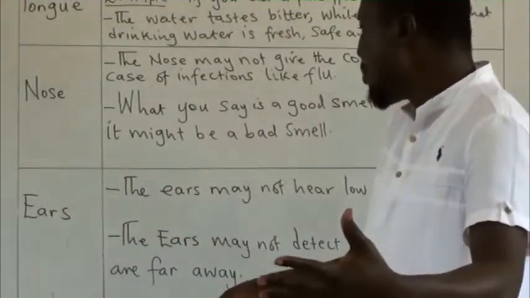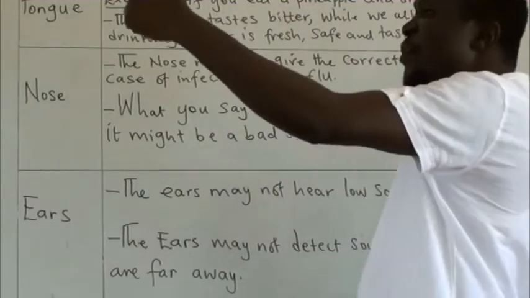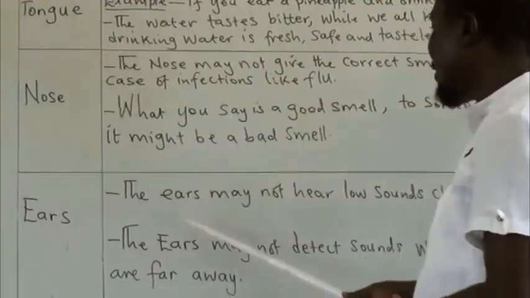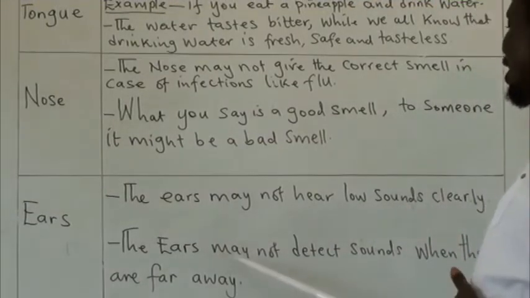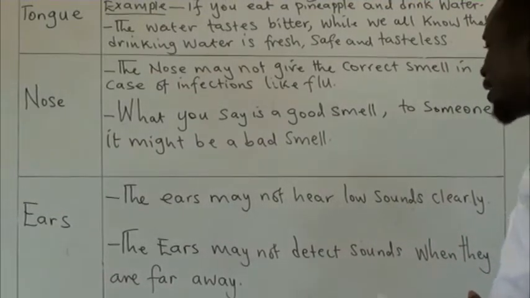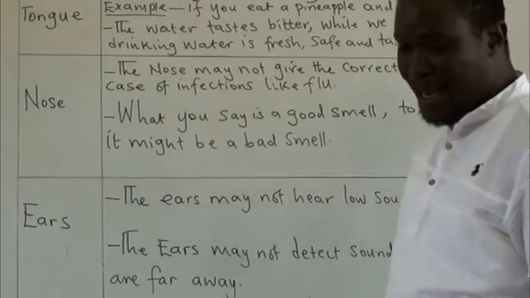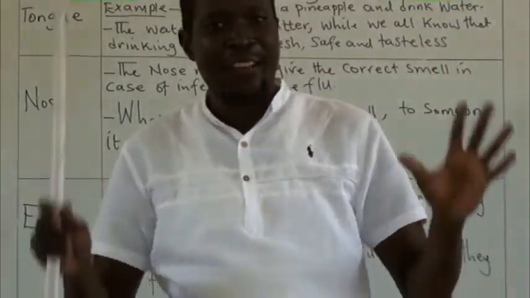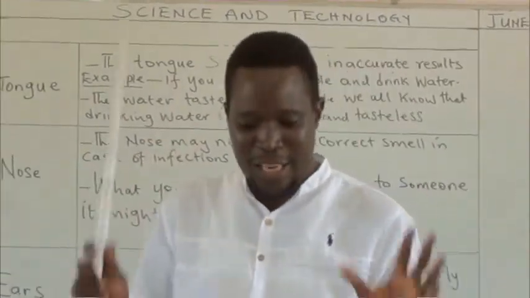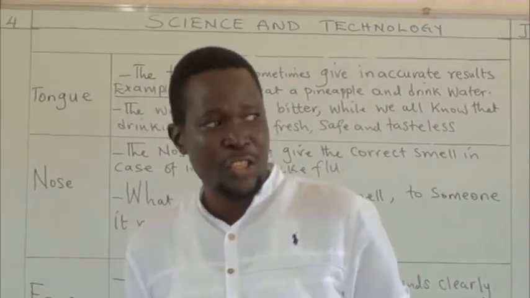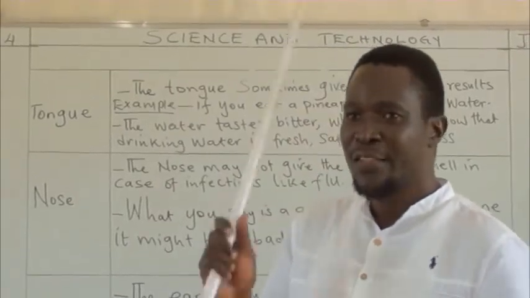But if the sound is coming from a little bit far, the ears may not hear low sounds clearly. So the ears may not detect sounds when they are far away. Now, boys and girls, these are the limitations of the 5 sensory organs that we have.